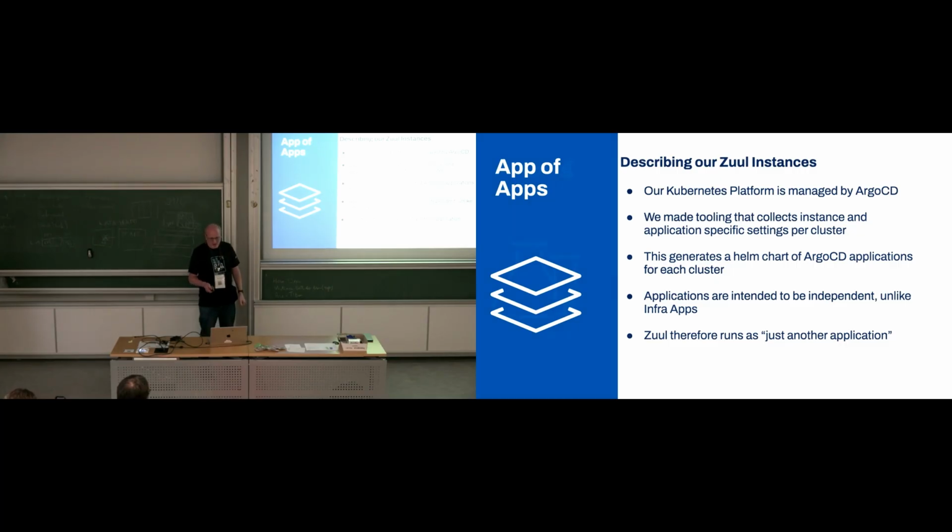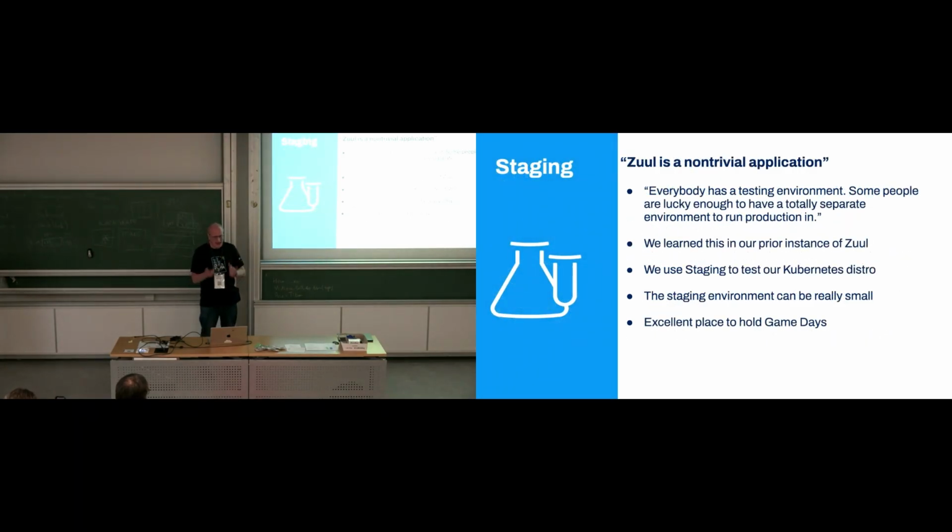And let's see. In this case, I'm going to show our ignorance. I have a quote from a previous colleague here that said, everybody has a testing environment, and some people are lucky enough to have a totally separate environment to run production. You need to be smart enough to have your production environment be your only environment, or to not need a staging environment.